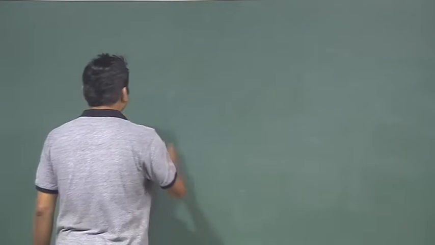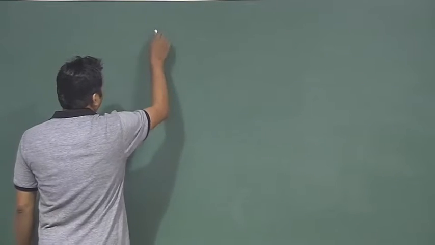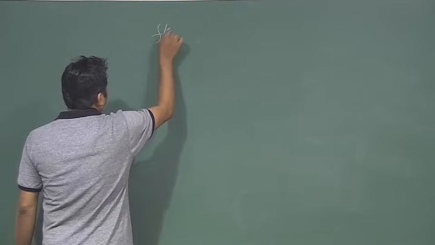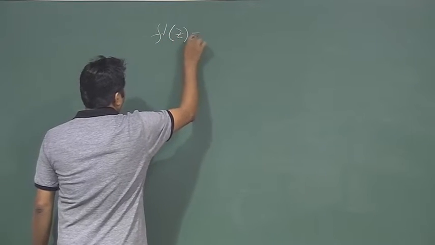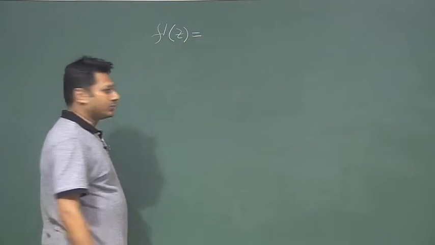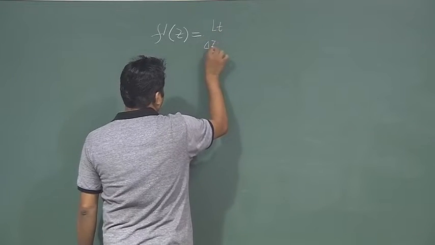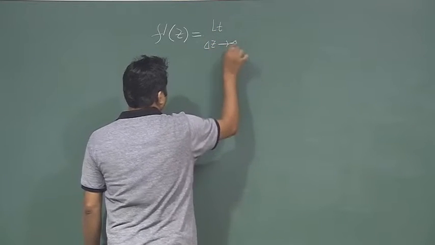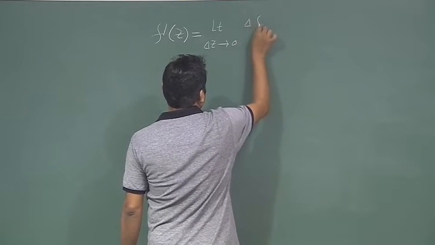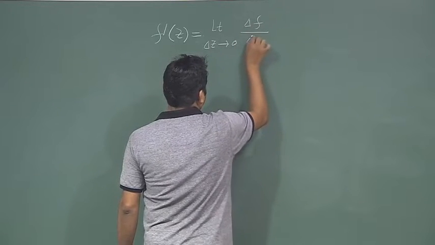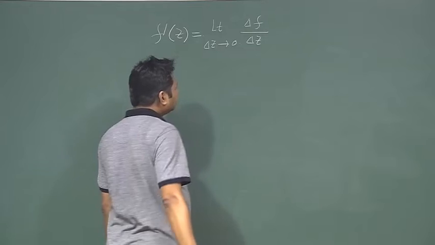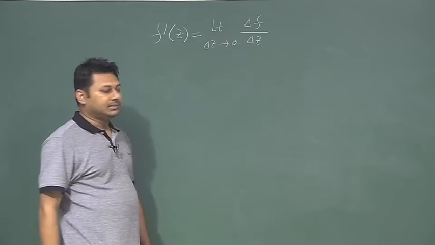In the previous class, if you remember, we defined the derivative of a complex function f(z), which is defined like this.